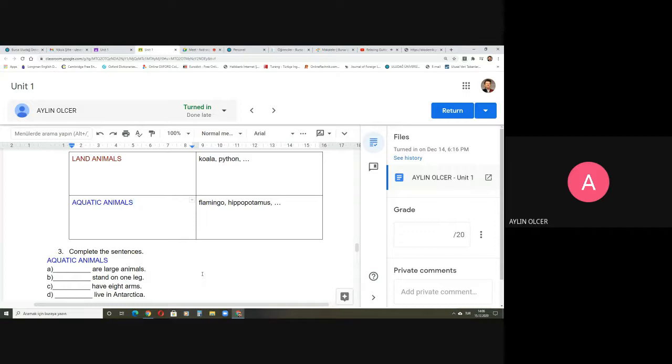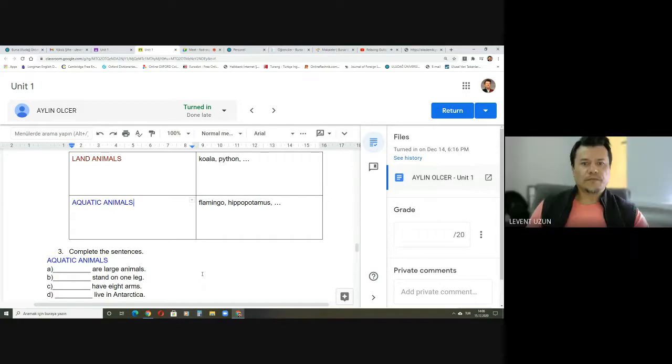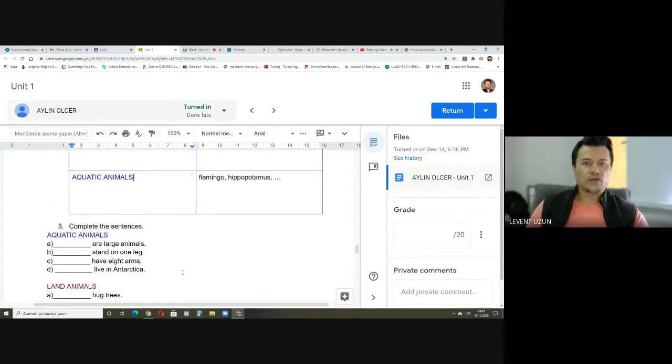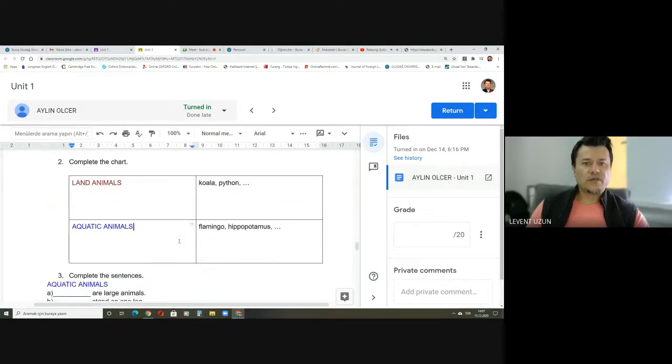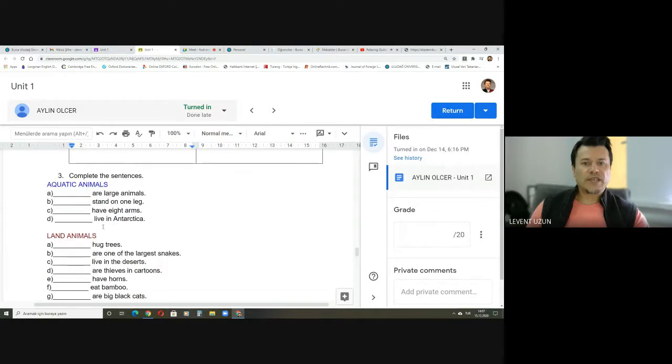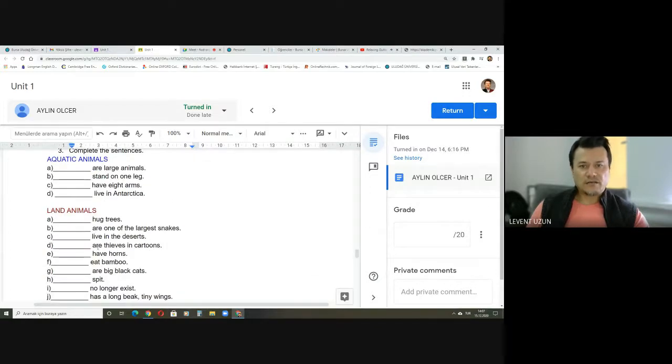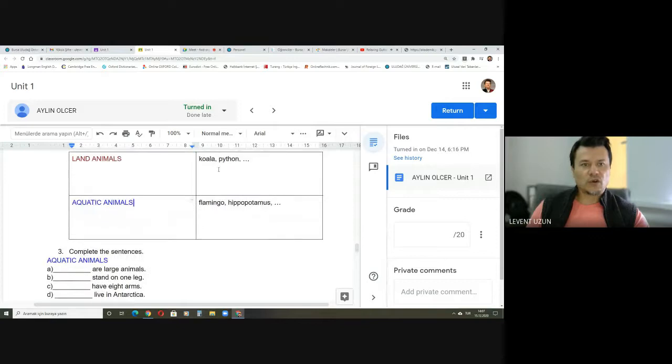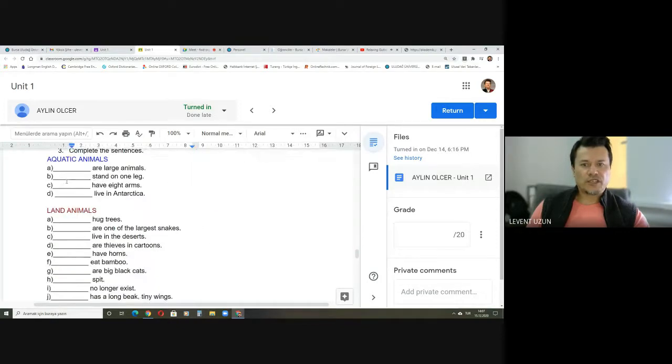Now they know aquatic animals, so in the sentences, they know they can write hippo in the first place. Okay, good. So this table will help them complete these sentences. Actually this table also prepares the students for this activity here.